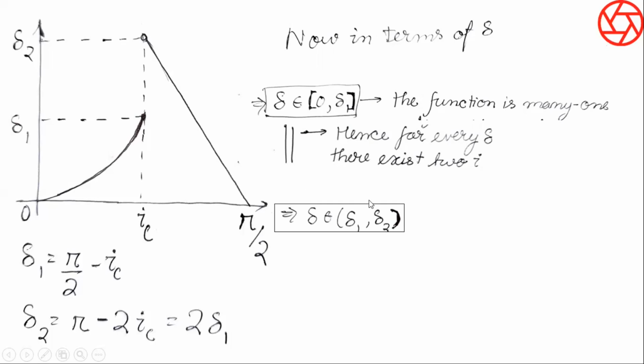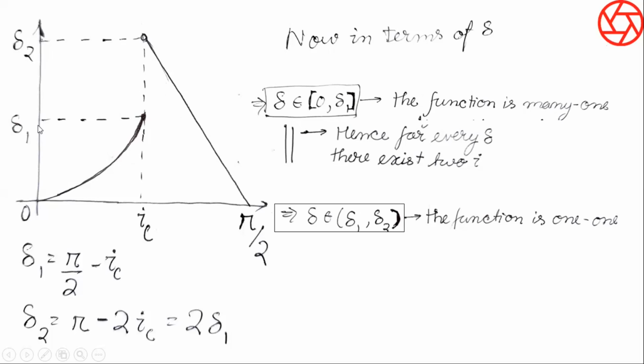And at delta 2, there is no such angle of incidence for which the angle of deviation is equivalent to delta 2, because it is a hypothetical angle I had told you before. We are just taking it into consideration to draw this graph. Okay. So in this case, the function is nothing but one-one, as it passes the horizontal line test, and there is only one I for every delta in this interval.